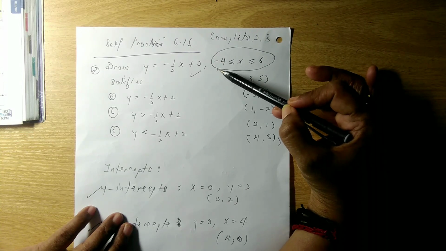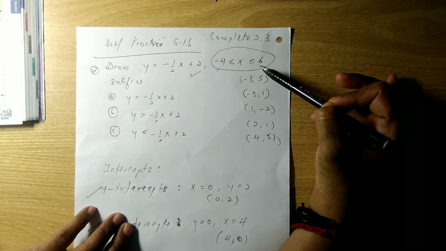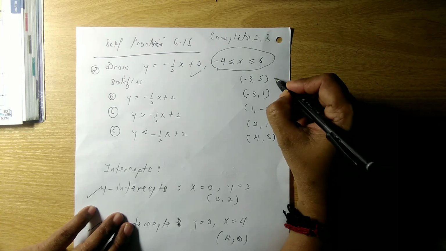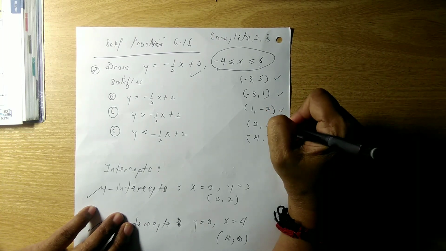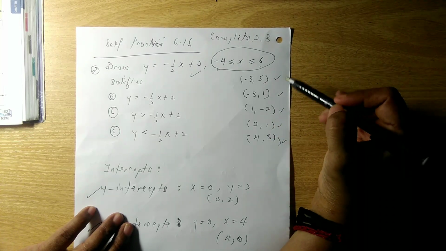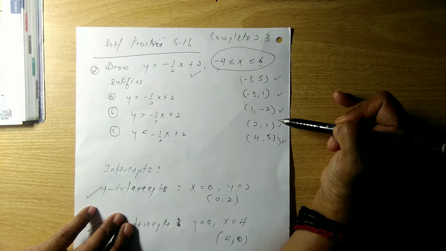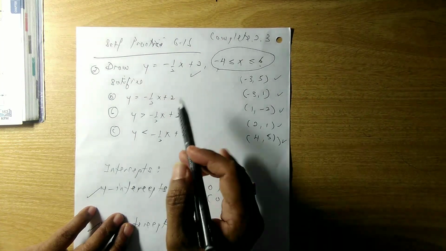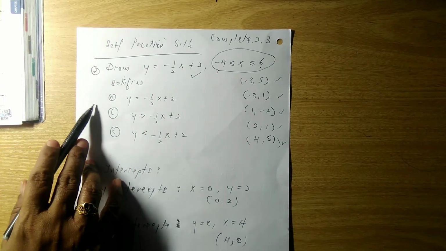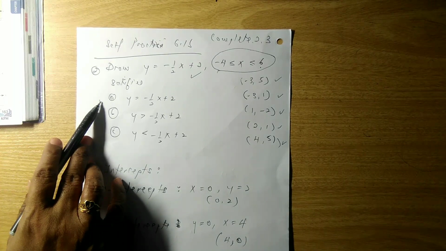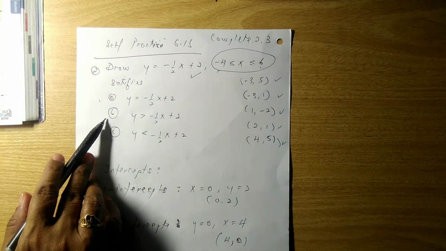So we want it from -4 up to 6. Then these are the coordinates they asked you to plot, and they want you to decide which coordinates will actually satisfy: is it the equation, the first inequality, or the second inequality?